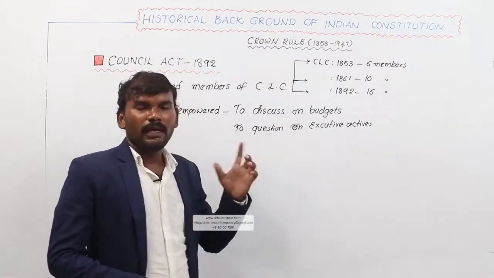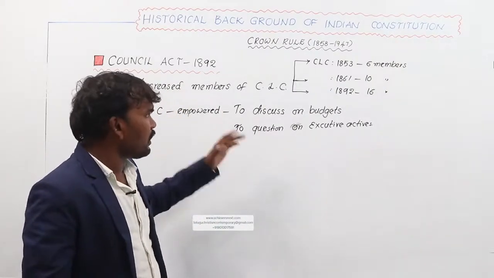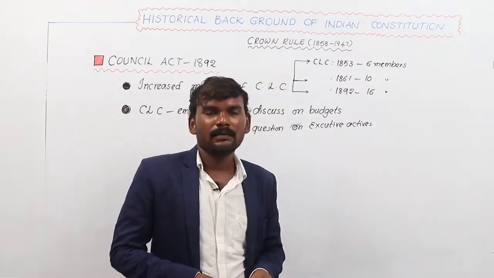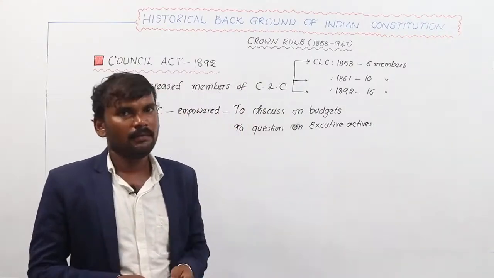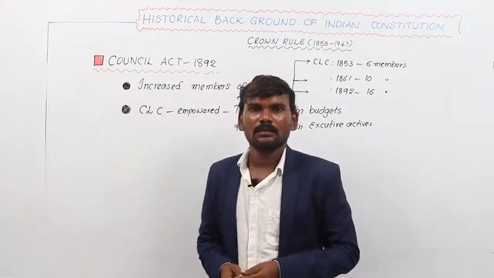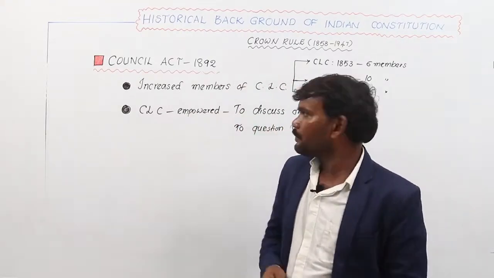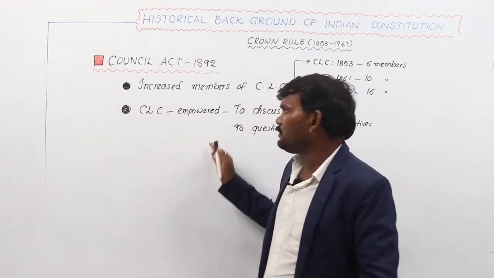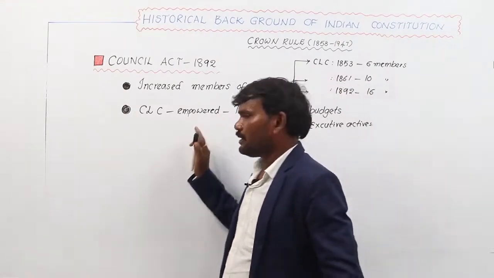This act enabled the Central Legislative members to discuss the budget and also to ask questions on executive activities, on what decisions the government had taken and implemented in certain cases. So questioning power and discussing power on the budget were the two powers given to the Central Legislative Council.